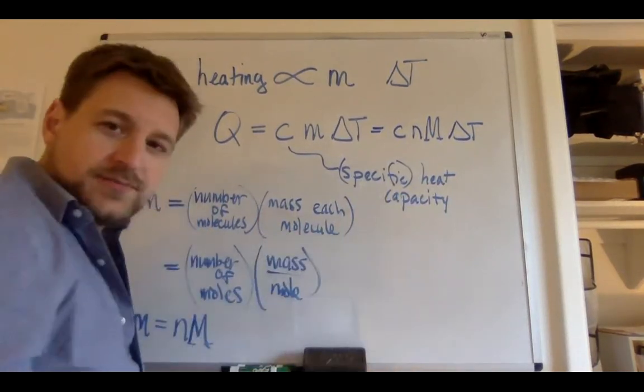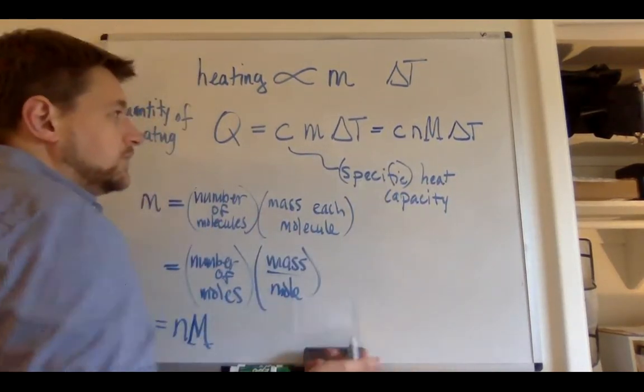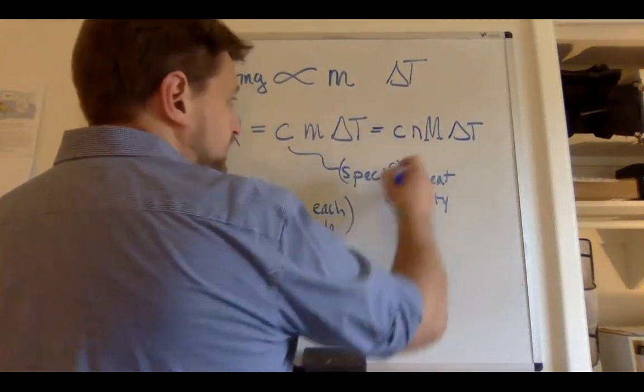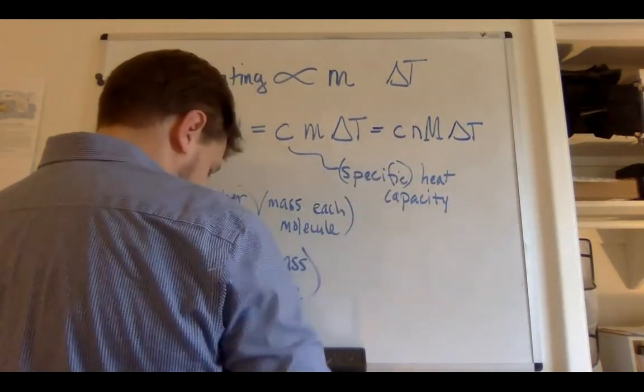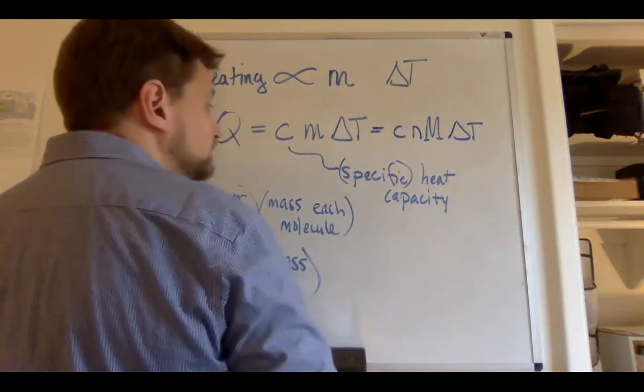So why keep track of two things when we could only keep track of one? Let's define, I'm going to bring this down here. We'll use a different color so that we can.